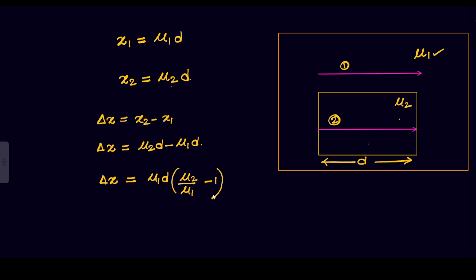Then mu2 by mu1 is called the relative refractive index. So delta x is mu1 into d, times the refractive index of 2 with respect to 1, minus 1.